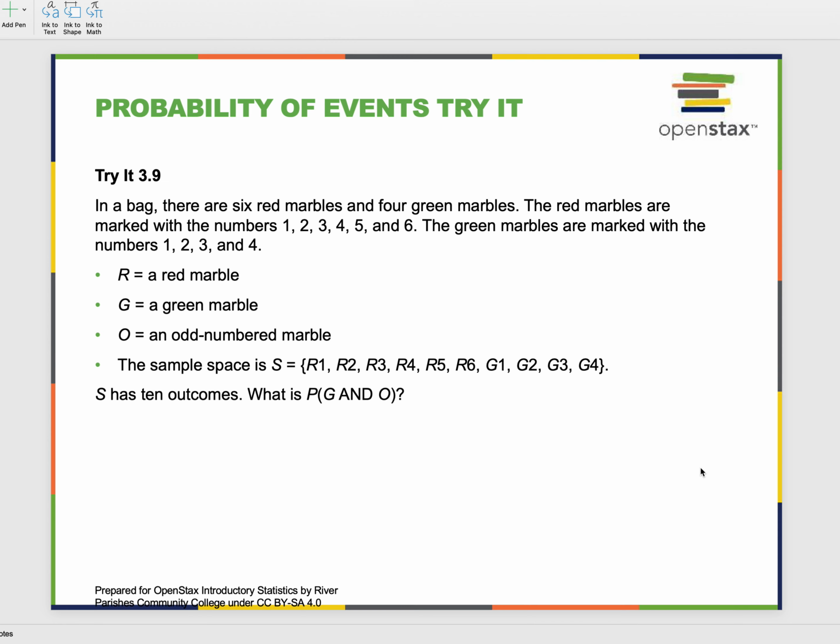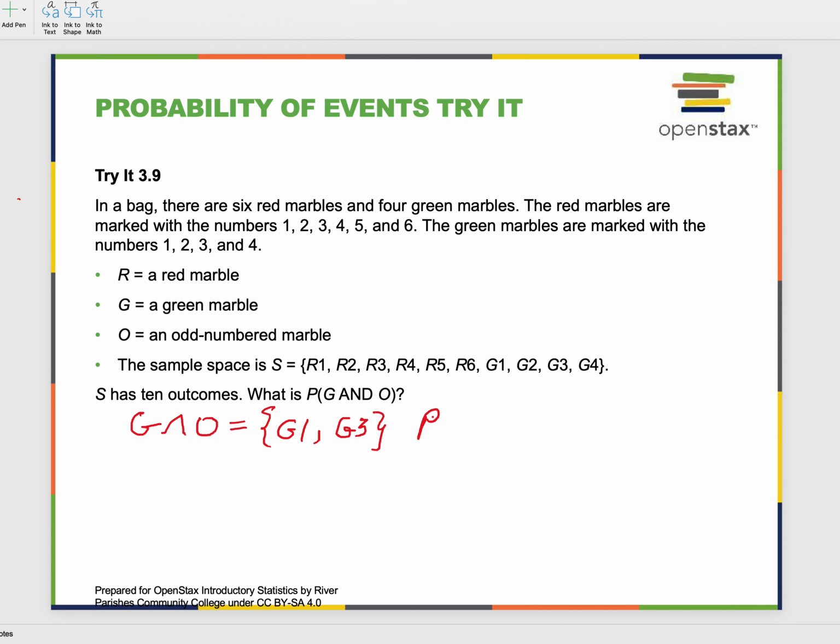S has 10 outcomes. What's the probability of green and odd? Well, let's look at it here. Green intersection odd. That means and. What's that set look like? It's G1 and G3.